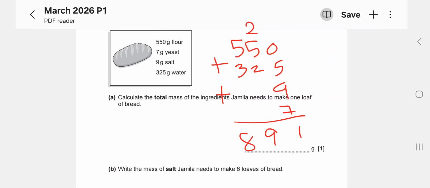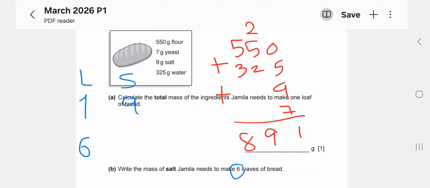Okay. Write the mass of salt Jamila needs to make 6 loaves. These ingredients were for one loaf. For salt, we need 9 grams. What if I need to make 6 loaves? It's written here 6, and we need to know the salt.